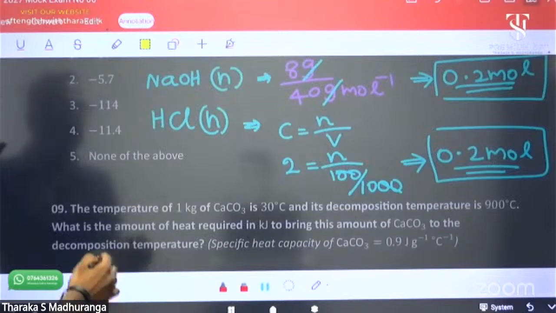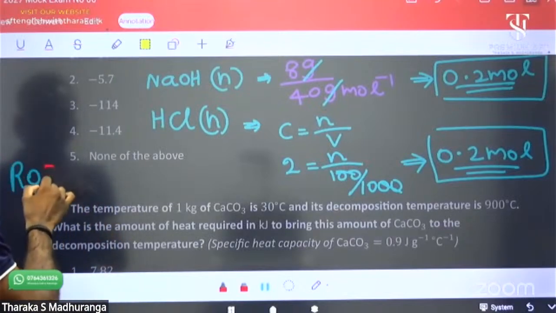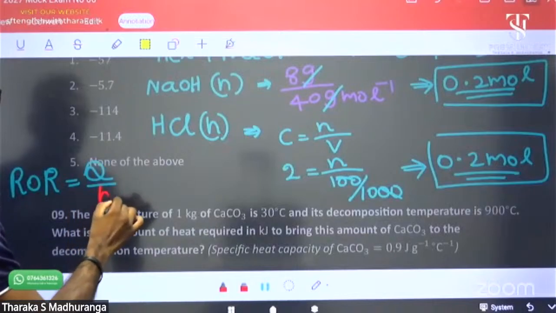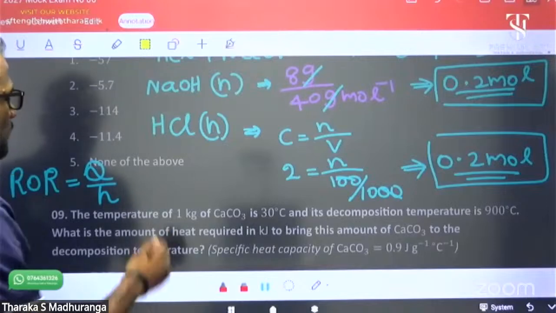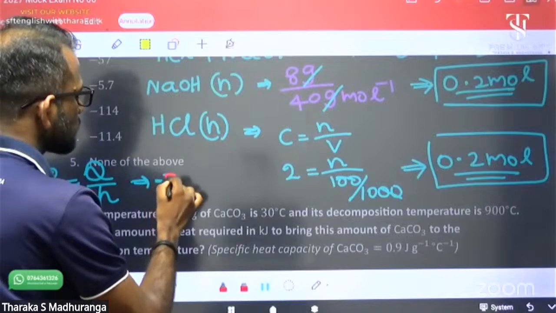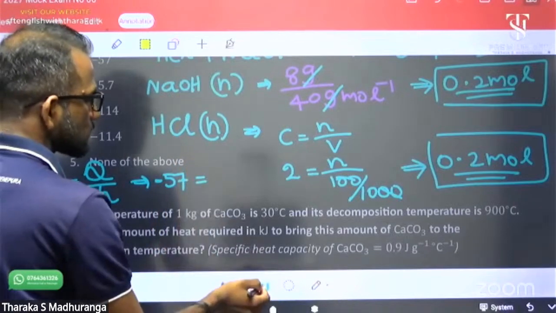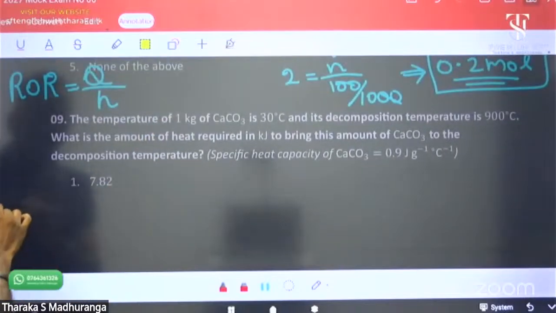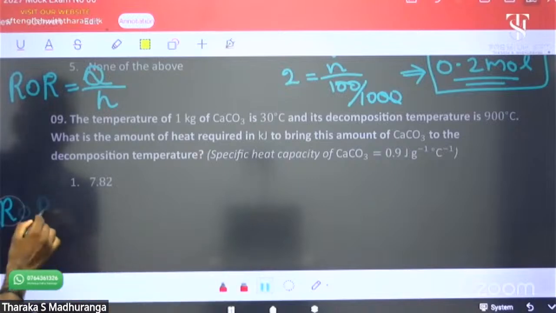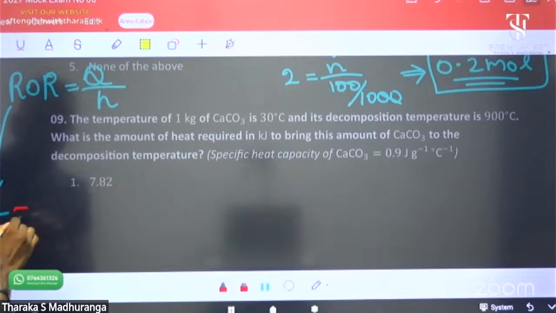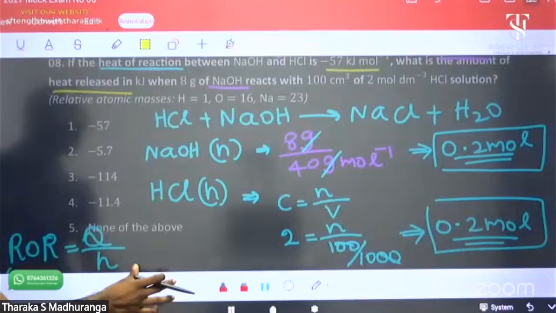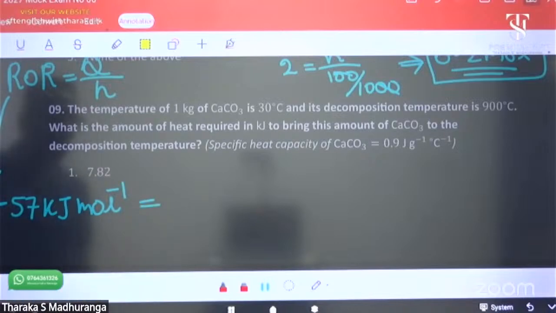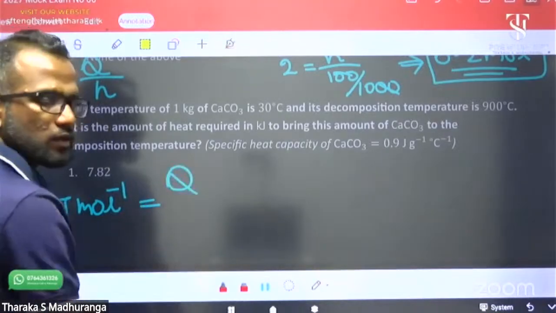Then how to get the heat of reaction? The heat of reaction equals quantity of heat Q divided by number of moles N. The heat of reaction is minus 57 kilojoules per mole, equal to quantity of heat Q divided by number of moles.